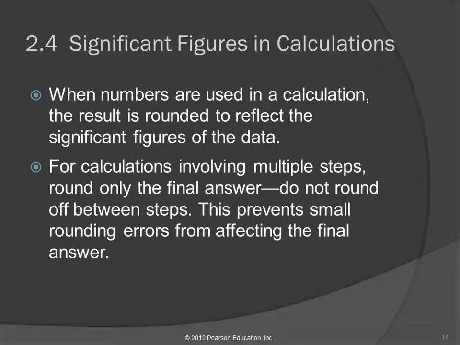Okay, so why are we doing all of this? This is so that when we use measurements in calculations, we don't end up with crazy numbers. When we use numbers in a calculation, we're going to round that number to reflect the number of significant figures in the data.